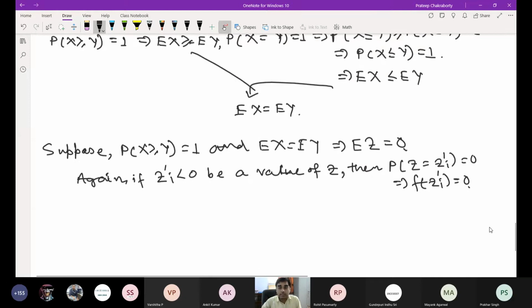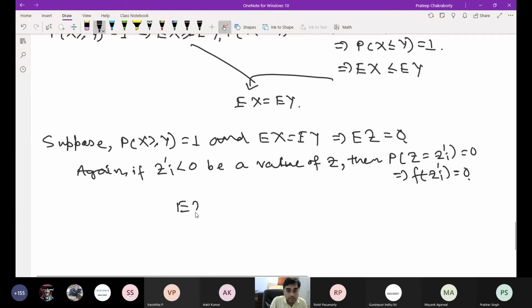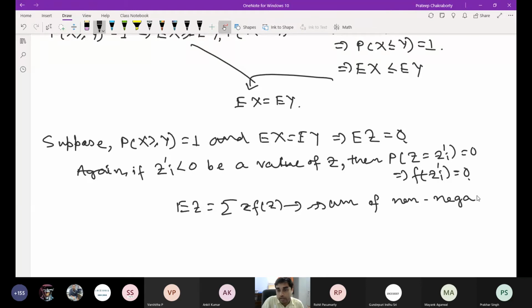So this implies that EZ is equal to the summation of z f(z). So this is a sum of non-negative terms whose sum is 0.